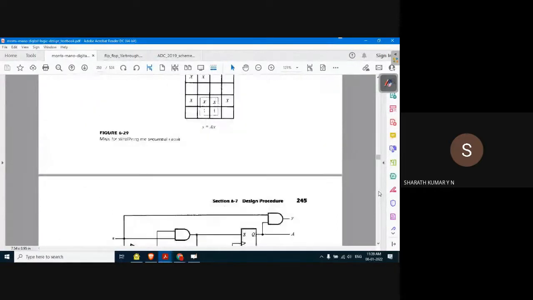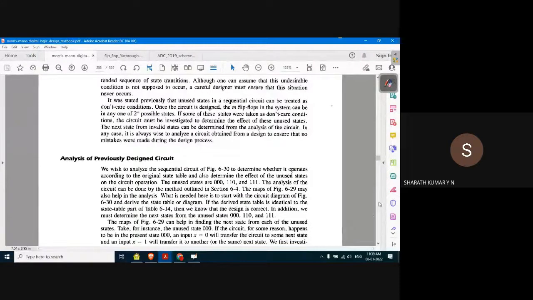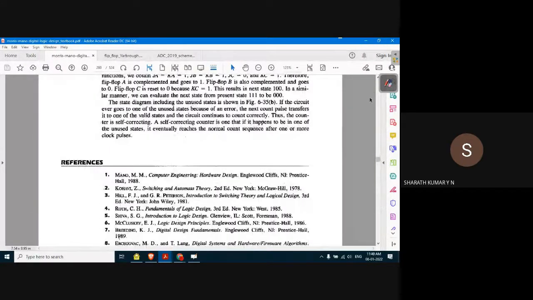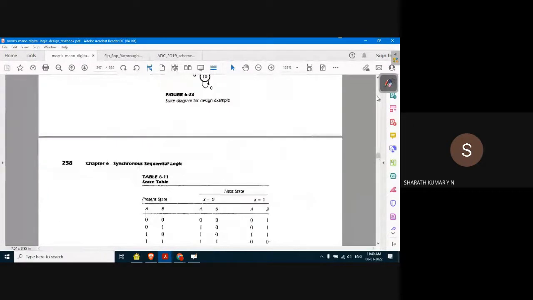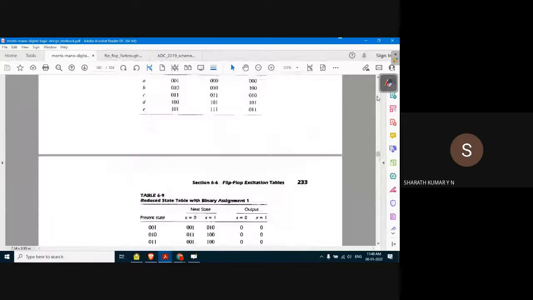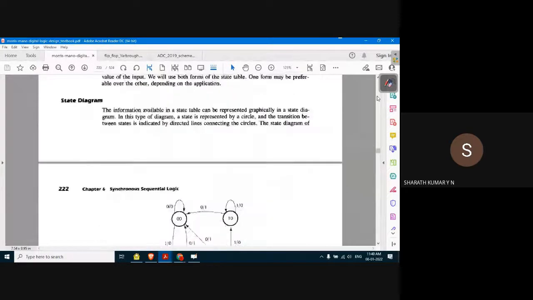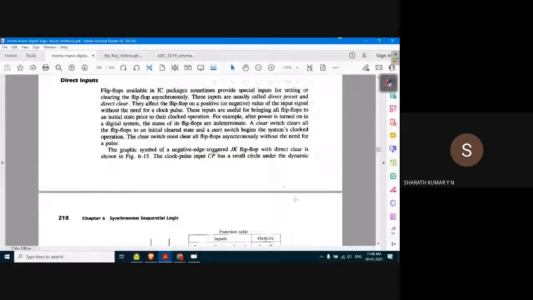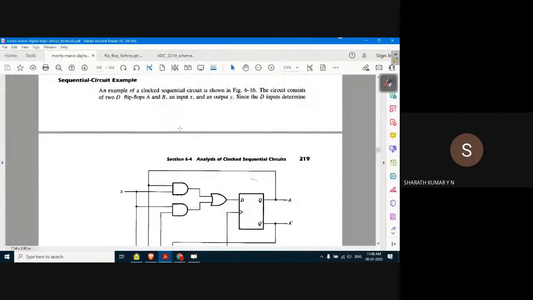Let me go back to this diagram. There are a lot of state reduction concepts. We'll not discuss that, a lot of details into that. Clocked sequential circuit example.